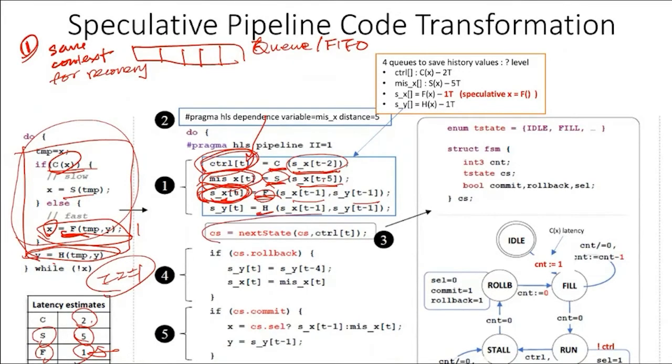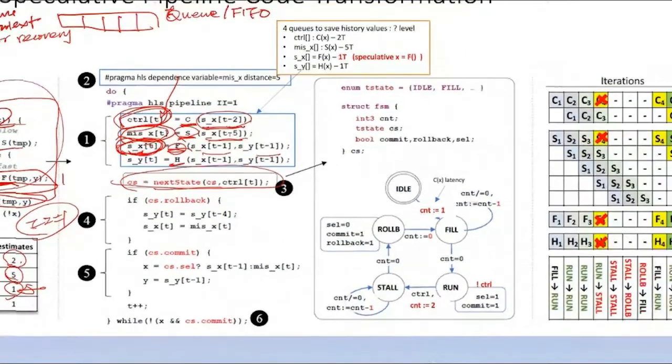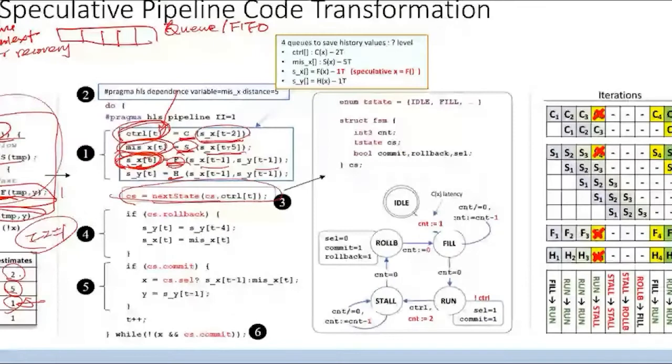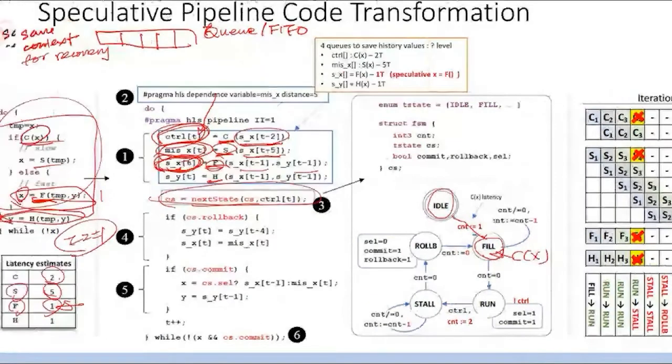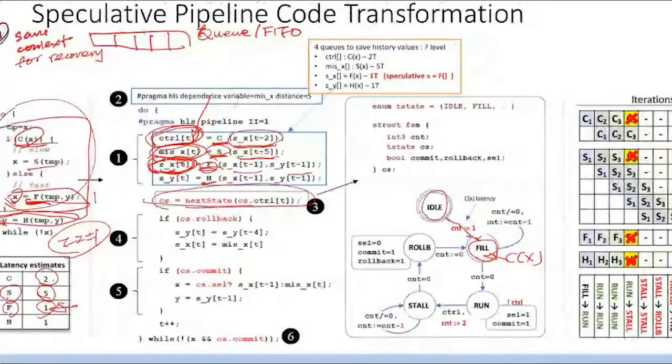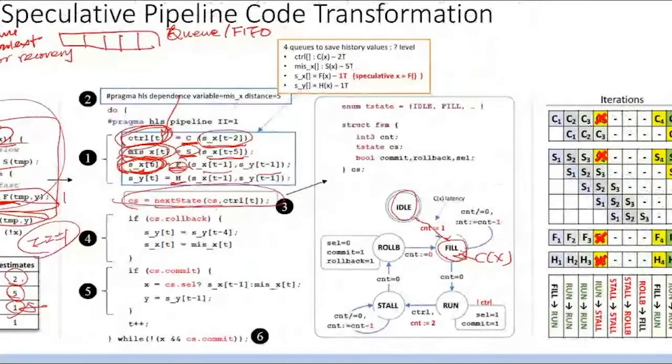Then you jump into the state machine. You do need a state machine. Initially it's in idle. Then you come to the fill state, and fill is basically the C function. The C function latency is 2 cycles. Since the transition already takes 1 cycle, you stay in the fill state for 1 cycle.